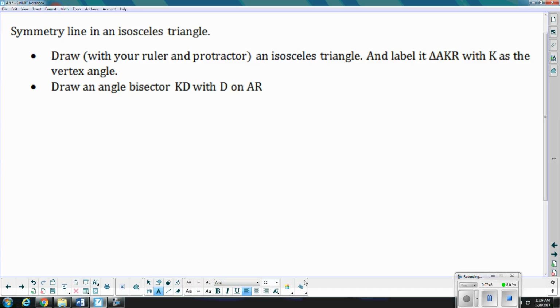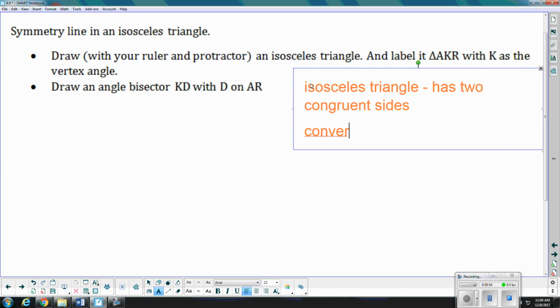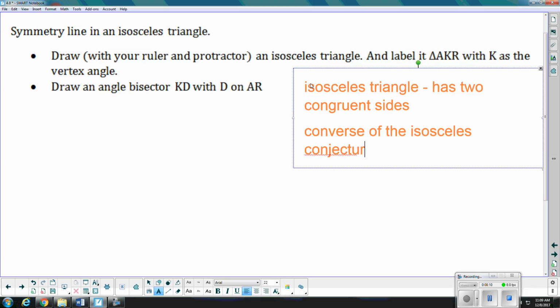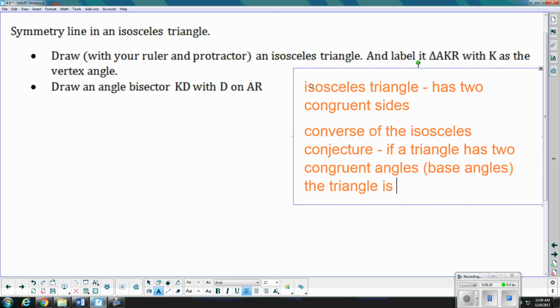So if you remember the isosceles triangle definition, it has two congruent sides, and the converse of the isosceles conjecture says that if a triangle has two congruent angles, and in an isosceles triangle we call them base angles, the triangle is isosceles.